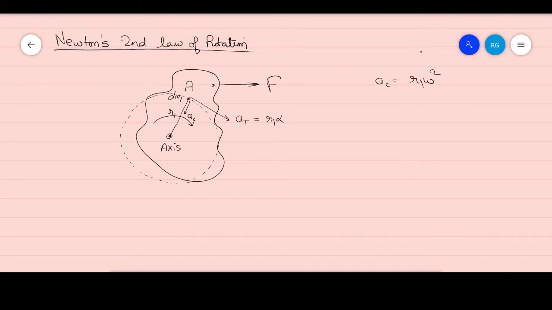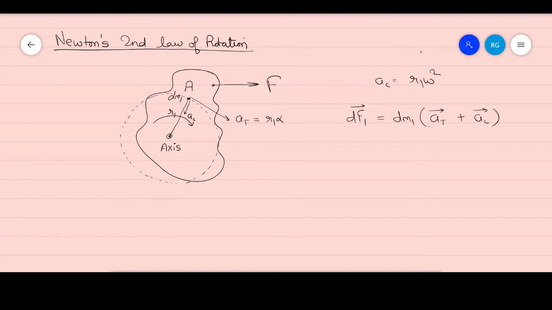So on this dm1, the net force dF1 will be dm1 into tangential acceleration plus centripetal acceleration.